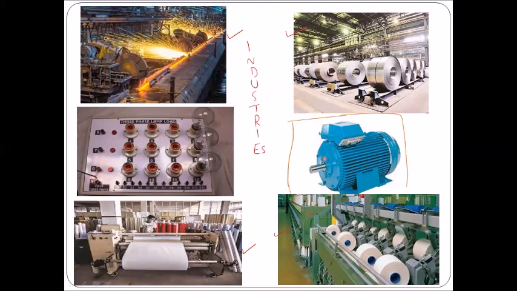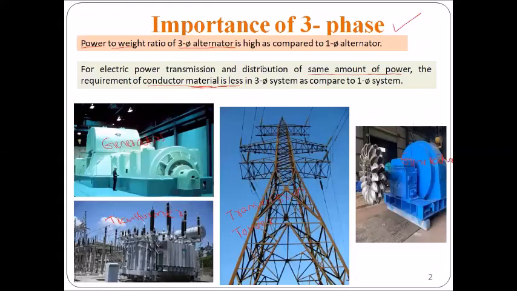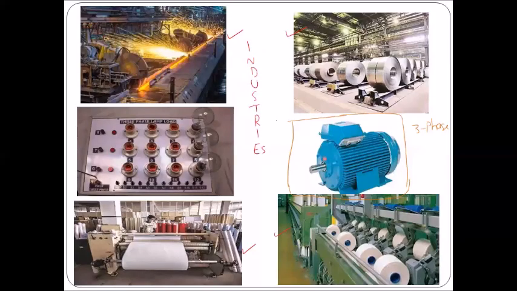And all the electrical motors are made up of three-phase. Why they are made up of three-phase is, as it is already evident for us, that the power to weight ratio is high. That is to say, the motor can do the same amount of job as our single-phase machine, but with reduced weight.